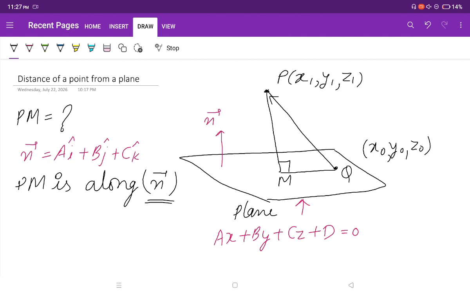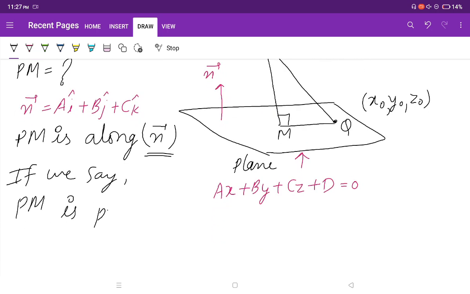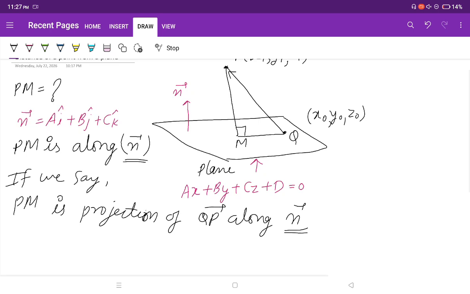So we say that PM is the projection of QP vector along n vector.